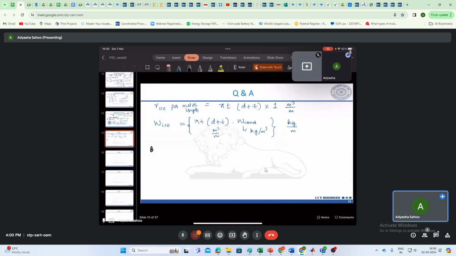So next we were talking about the effect of wind. Let's say this is your conductor and your wind is acting on this conductor in this direction.